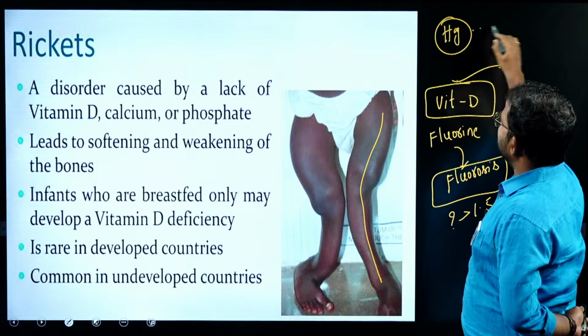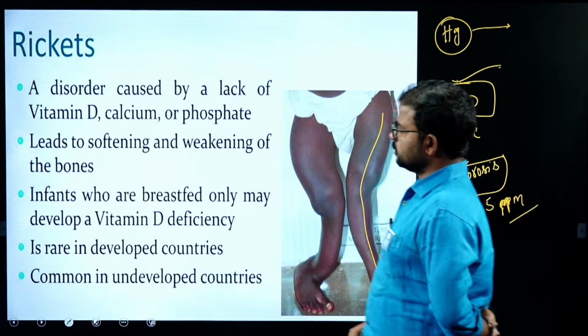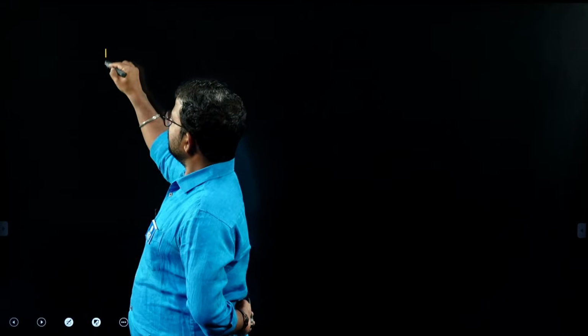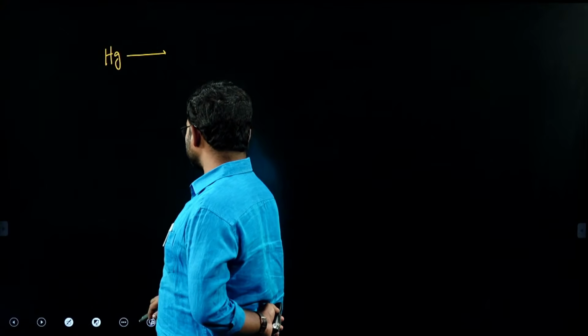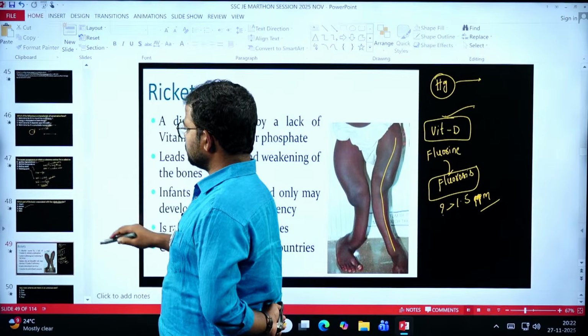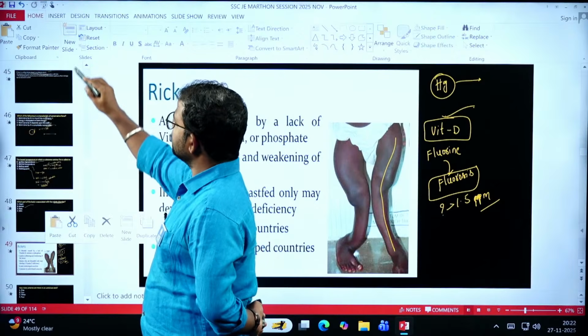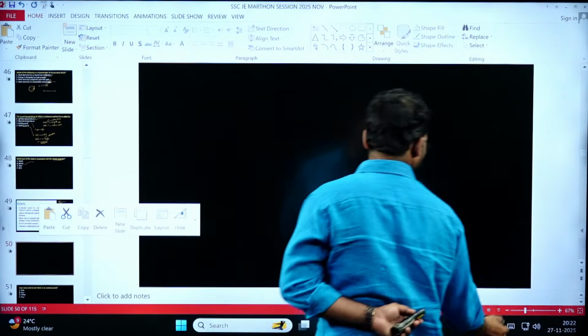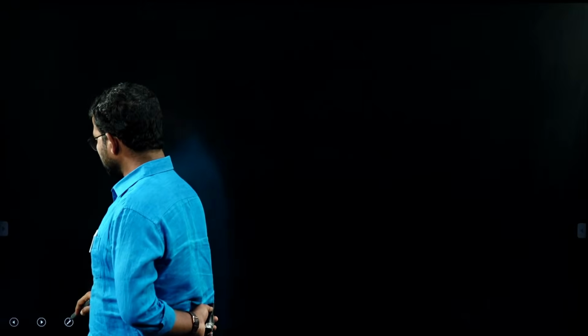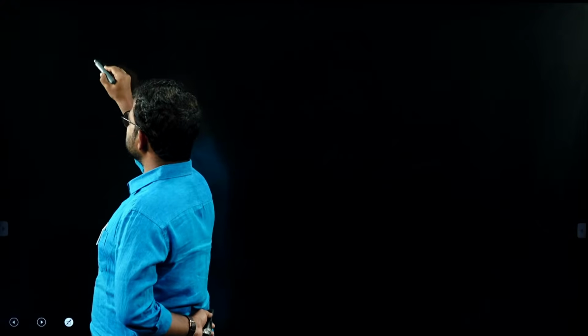So what about mercury? Because of mercury, what kind of diseases do we get? From an examination point of view, guys, you have to remember the importance of these elements.